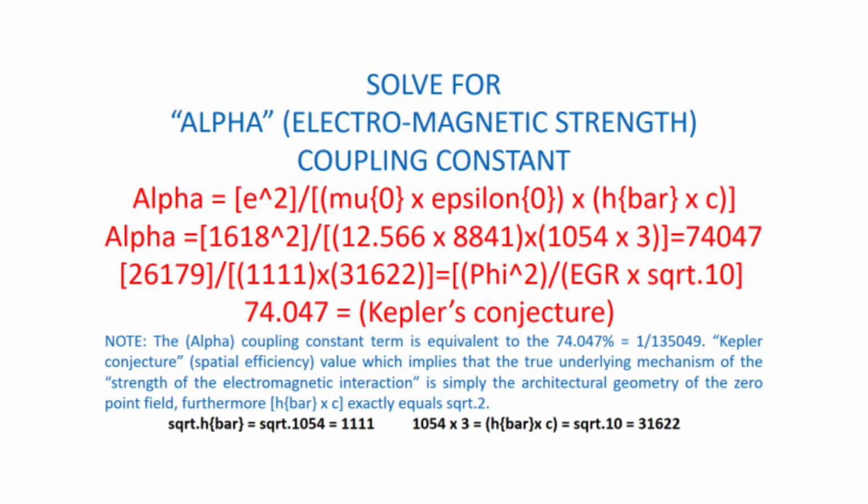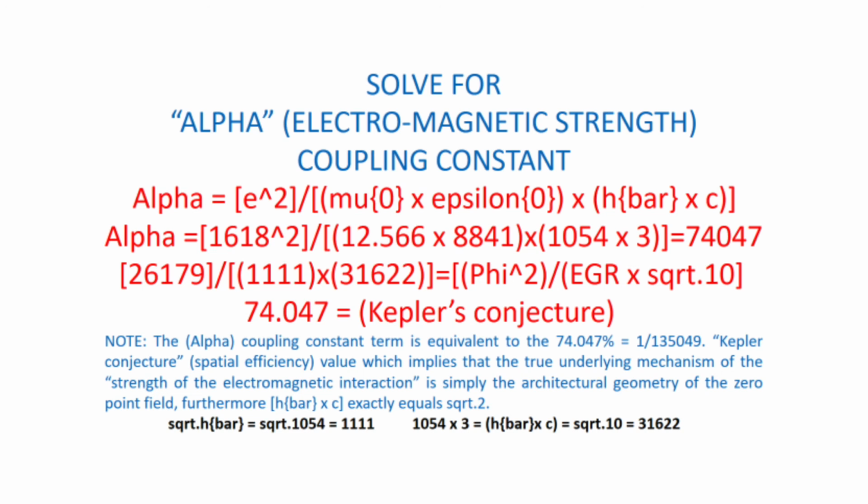Furthermore, the elementary charge value given in coulombs exactly correlates to the relativistic electron mass parameter of 0.5116 MeV over c squared by simply shifting that elementary charge value by one decimal place, or by multiplying it by the square root of 10.